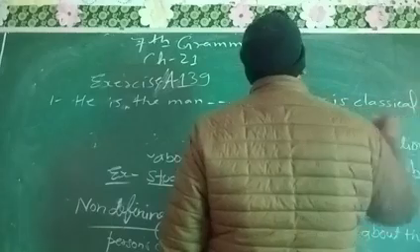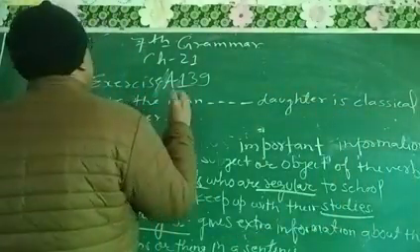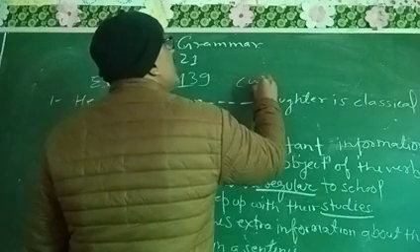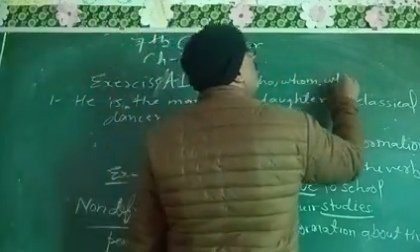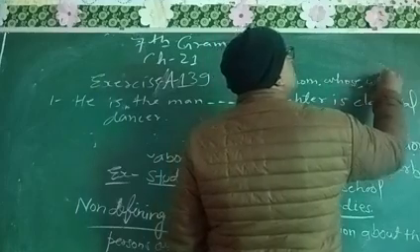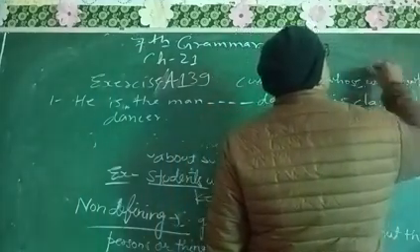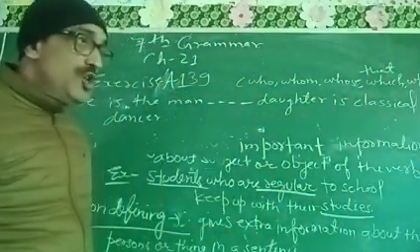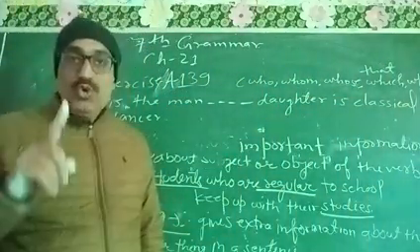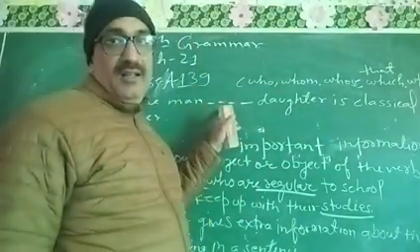Do you know what the relative pronouns are? Relative pronouns are who, whose, which, and what. Also that. These are counted under relative pronouns, and you have to choose one from all these to fill the blank.